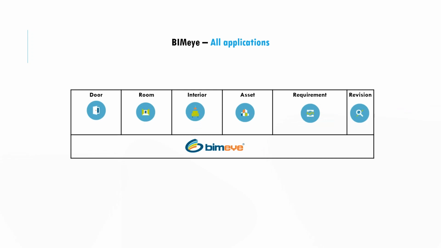And what is BIMeye? What applications does it include? We have 6 applications always included in BIMeye. We have the door manager, the room manager, the interior manager, the asset manager, the requirement manager, and this viewing of the revision manager.